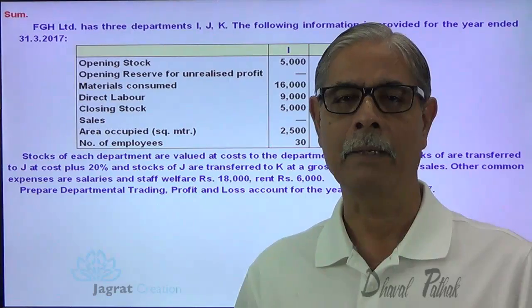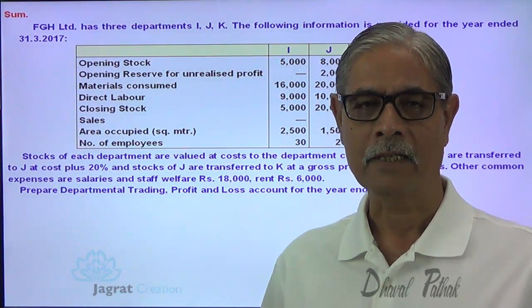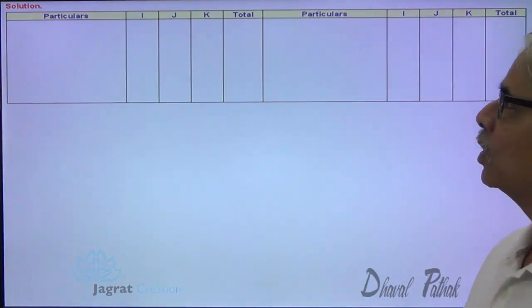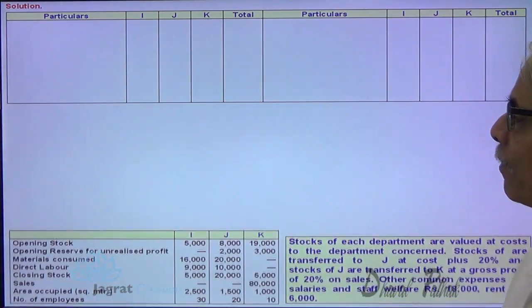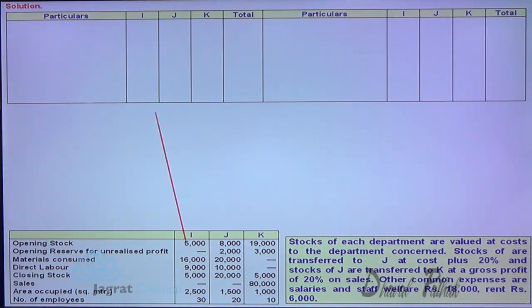Now I am required to prepare departmental trading and profit and loss account. So let us start with the preparation. This is the layout for my trading and profit and loss account. This is the details of the sum given to you. First, opening stock I write on the debit side.